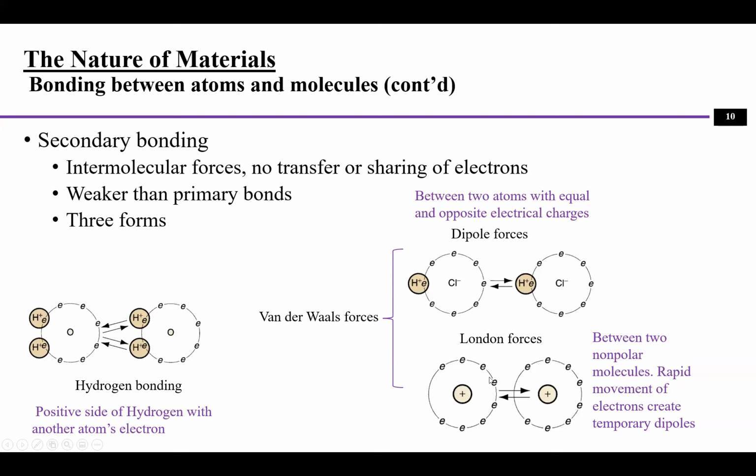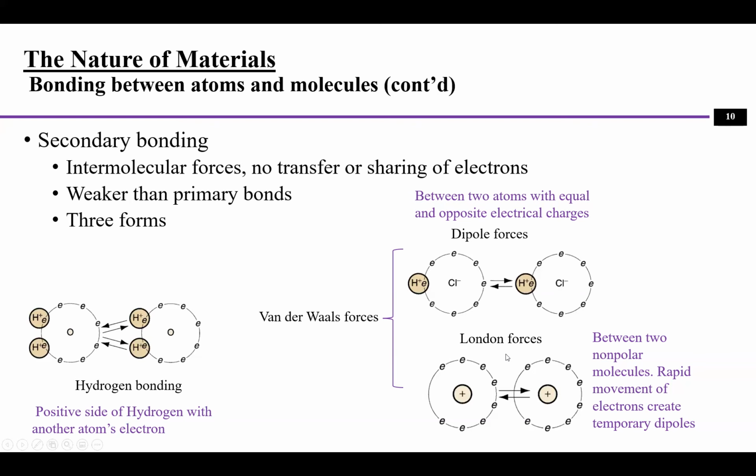So the side with a lot of electrons has a negative charge, and the side without a lot of electrons has a positive charge. It starts to form certain forces, and that is called the London force.